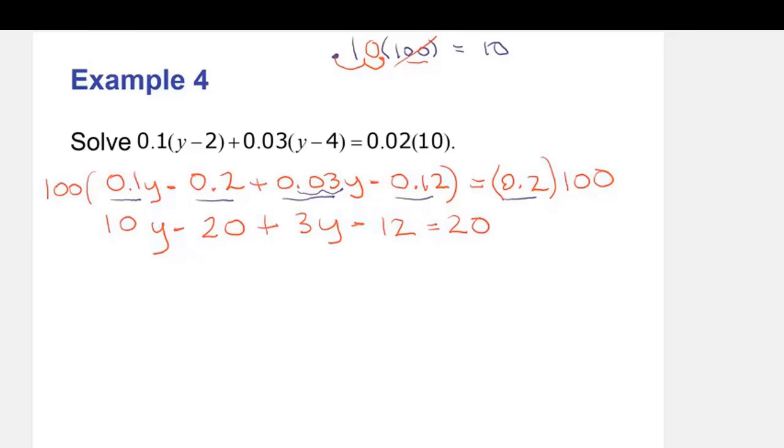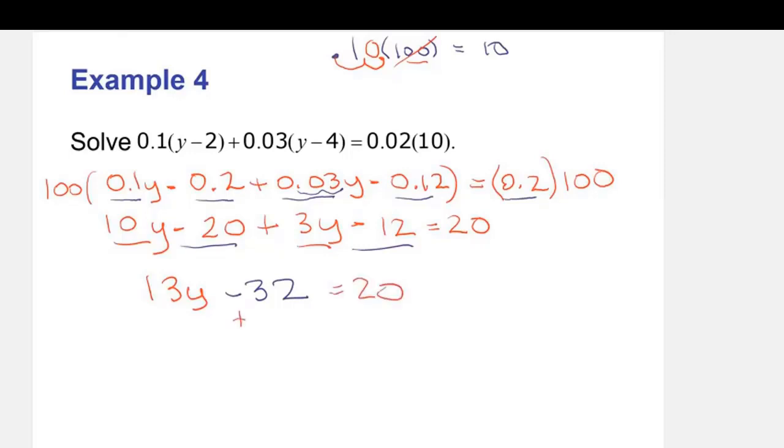Now I'm going to combine my like terms. I have 10y plus 3y is 13y. And then I have minus 20 minus 12 is minus 32. And that still equals 20.